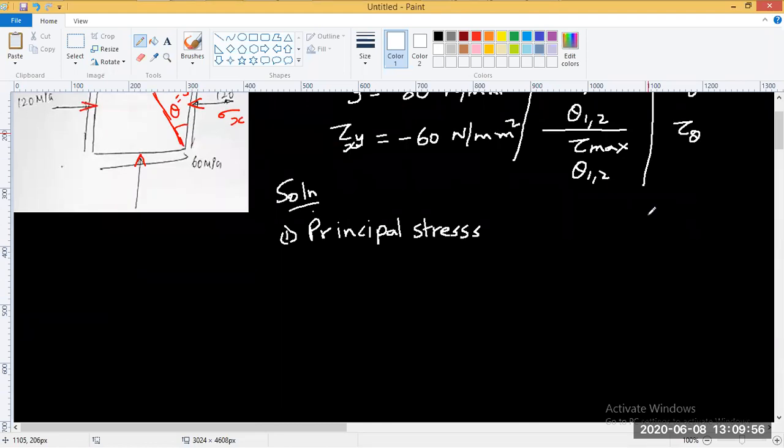Okay. So principal stress, we already defined this equation. So let's write it over here.